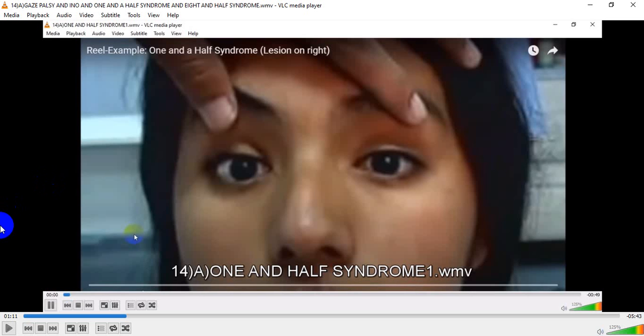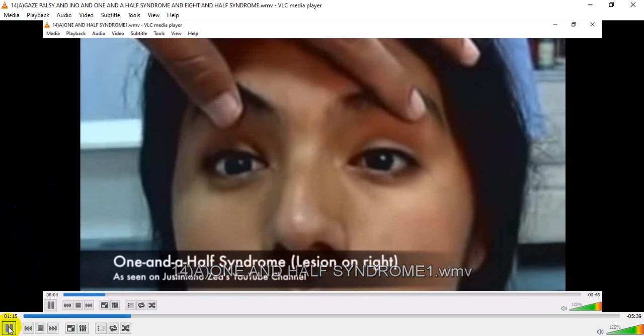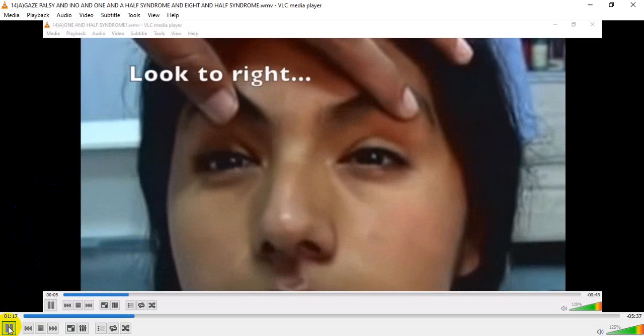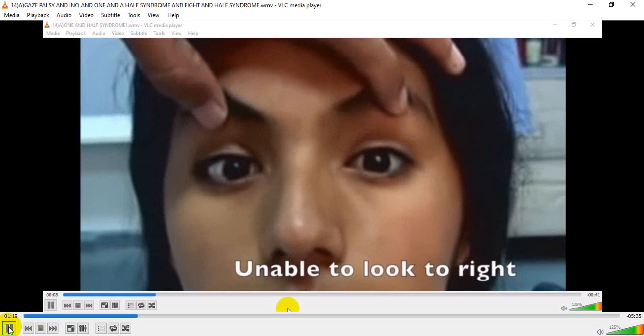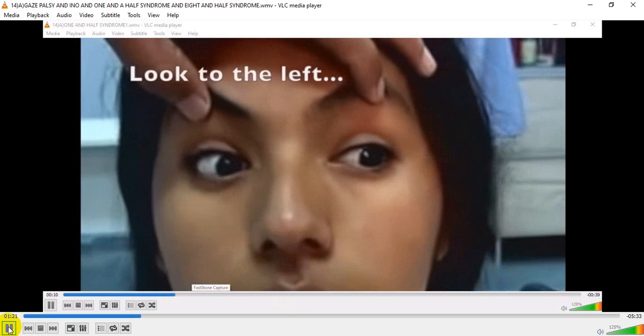So we'll be showing you that particular part. Now we are going through that. Here you can see that this particular person is asked to look to the right. Now observe what is happening when the person is trying to look to the right. Not able to look.